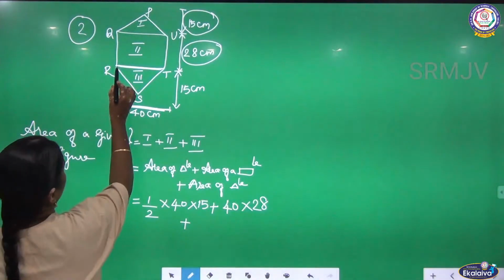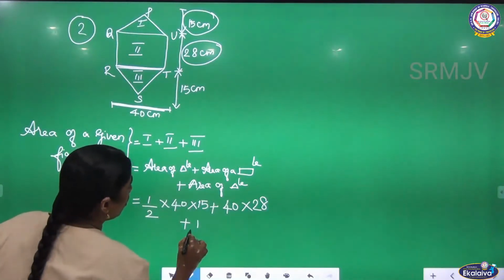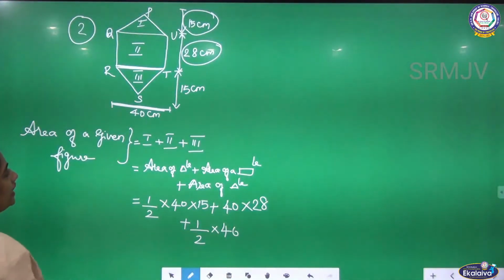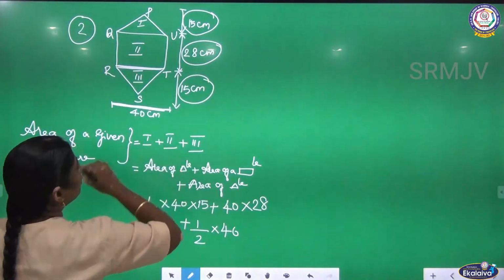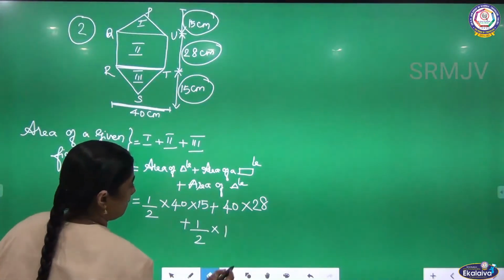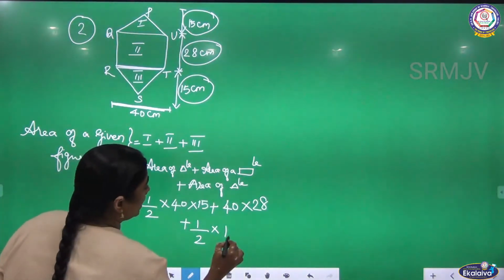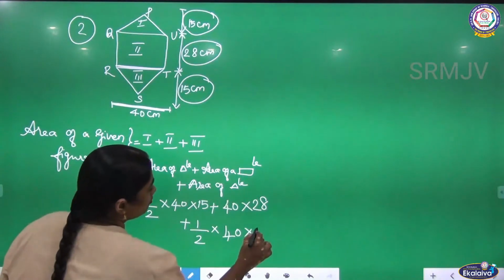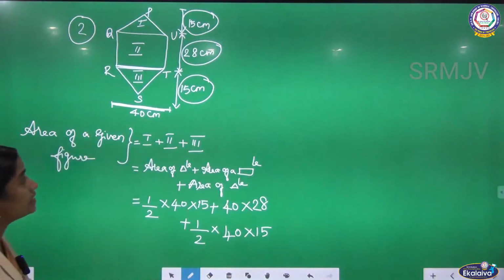See this, half into base is what? 40 and your height is what? 15. Base is what? 40 and the height is what? 15.